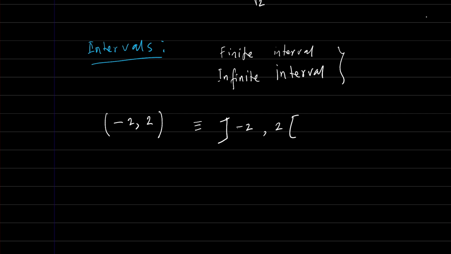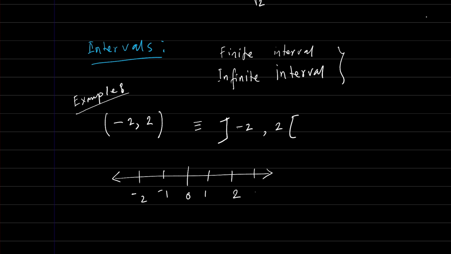Some books use this notation. In this number line, this is our 0, minus 1, minus 2, and plus 1, plus 2, 3, minus 3.